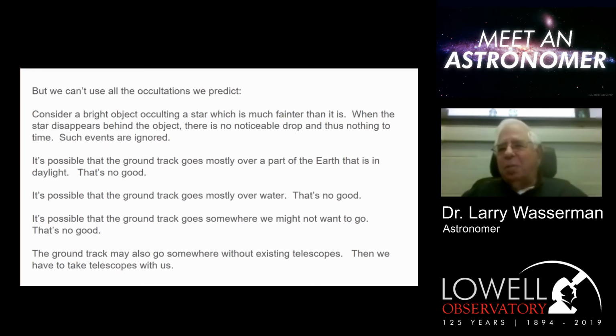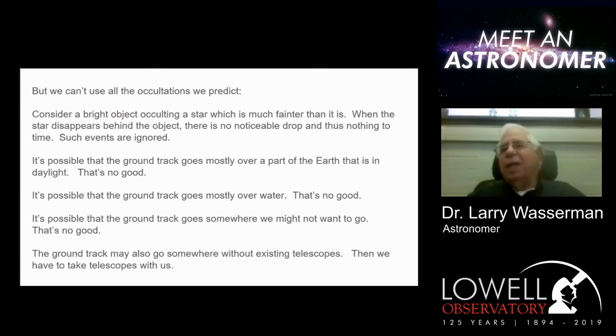I have a principle that I don't go anywhere to observe an occultation where I'm not likely to come back alive. That's my personal preference. So we don't do occultations in Iran, we don't do occultations in Afghanistan, we try to avoid the Congo. Unfortunately, the list of places where we don't want to go is growing, but that's just the way it is.